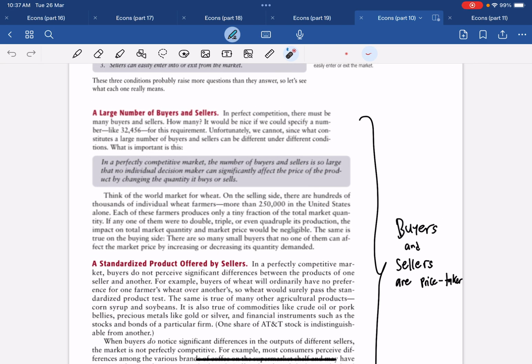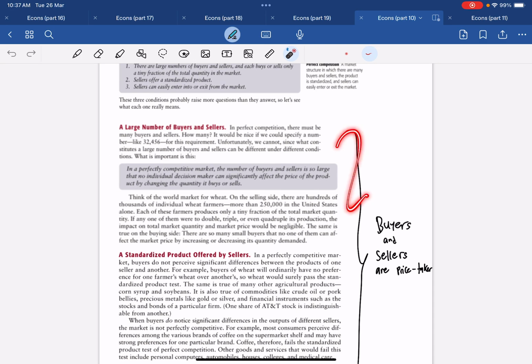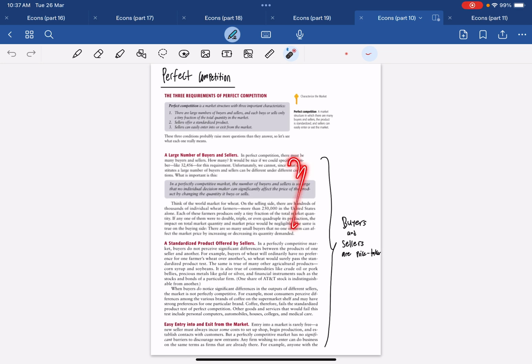With these three conditions, buyers and sellers become price takers, meaning the market demand and supply forces determine the equilibrium price and quantity.